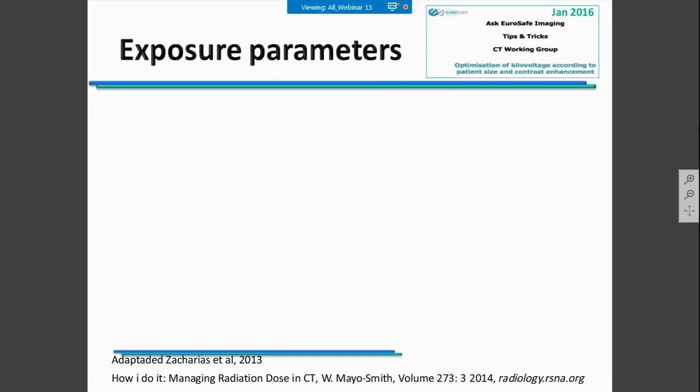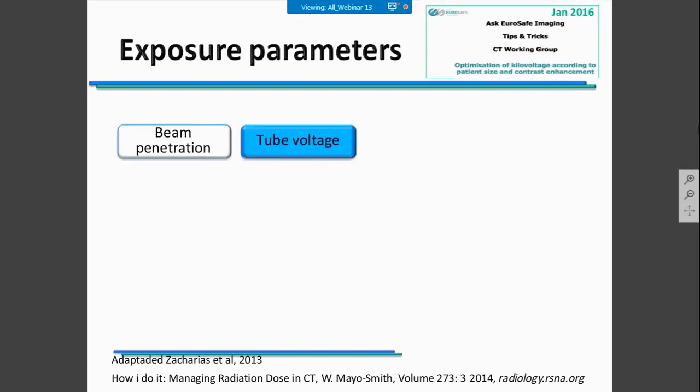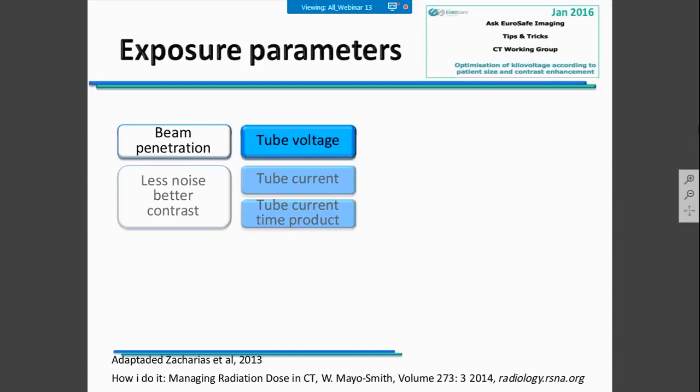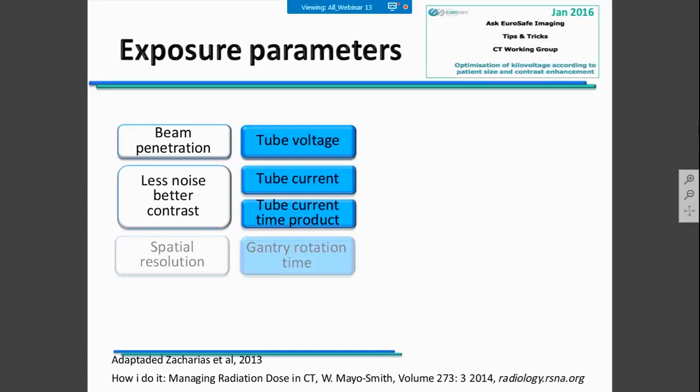Selecting the exposure parameters is the hardest task to have a correct CT examination. We all know that all of us want higher tube voltage, higher tube current, and higher gantry rotation time because these parameters will help us to have the best image quality.